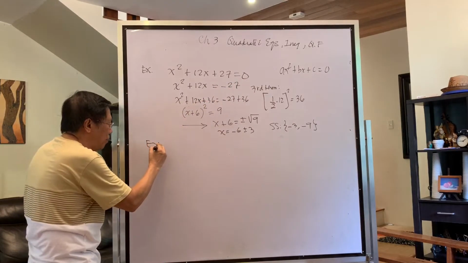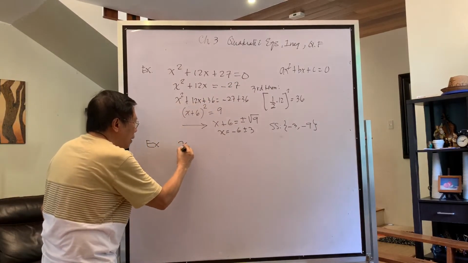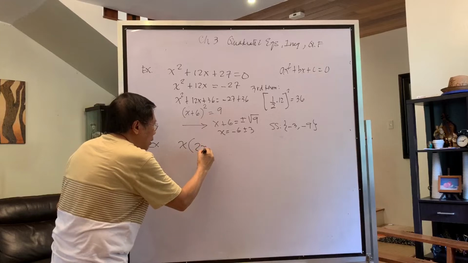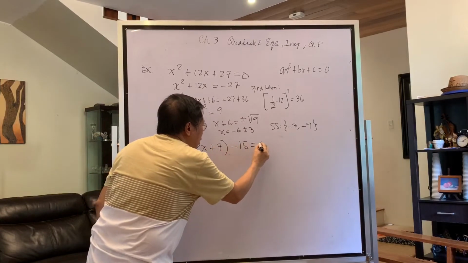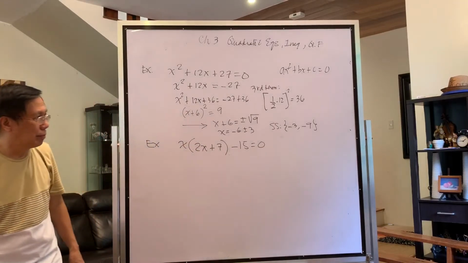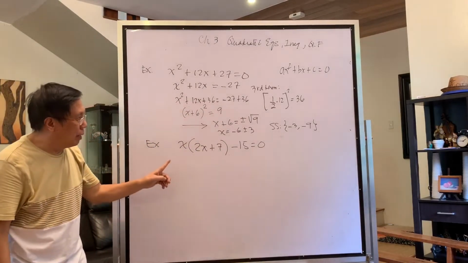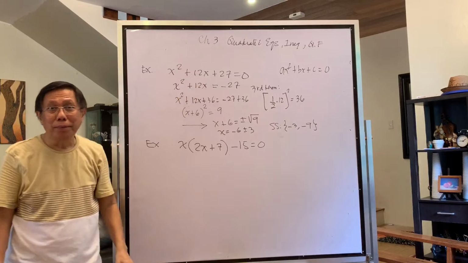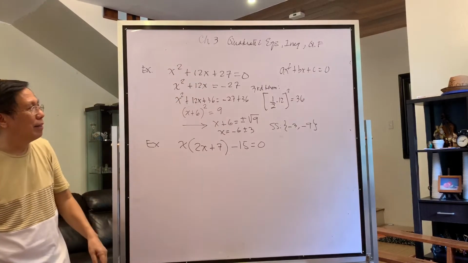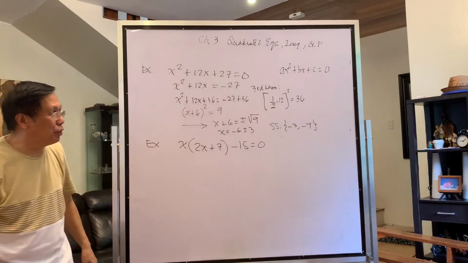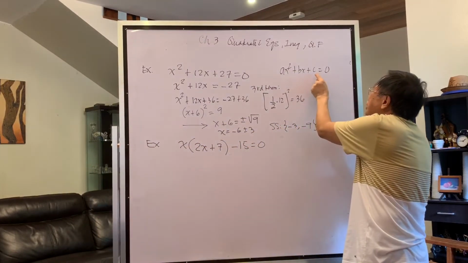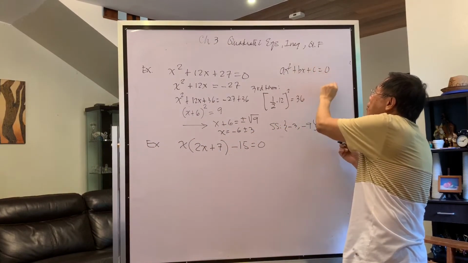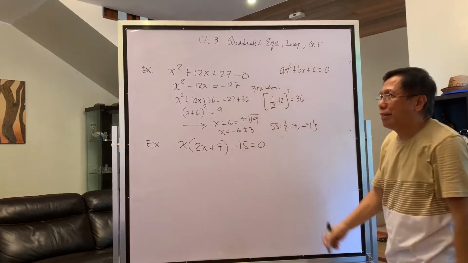Let's have another example. Suppose we have here x times (2x plus 7) minus 15 equals 0. Are we ready to apply completing the square here? No, we are not, because the form that we want is the constant term should be on one side of the equation.